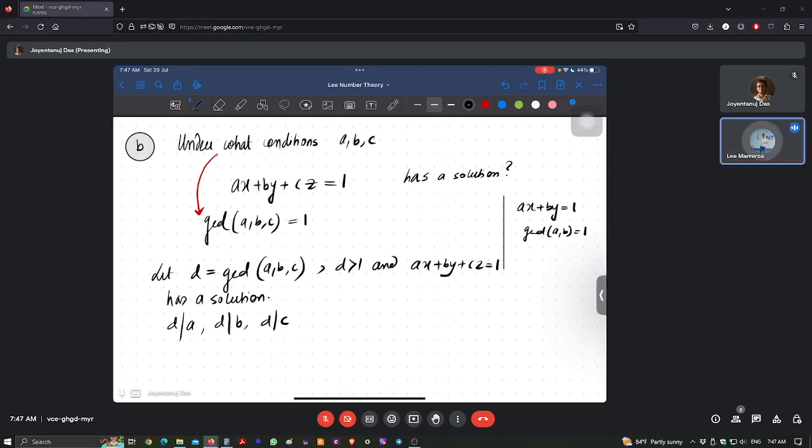So a would be a number of times D, b would be a number of times D, and so on. So if D divides a, b, and c, then from the equation ax plus by plus cz equals 1, can we arrive at a contradiction? So that is the idea.